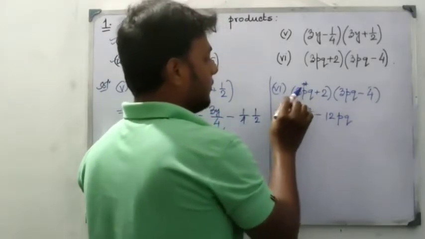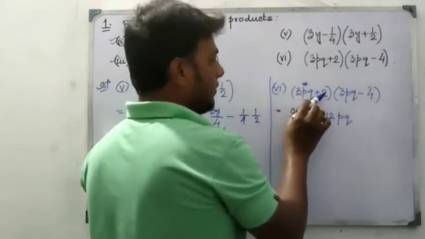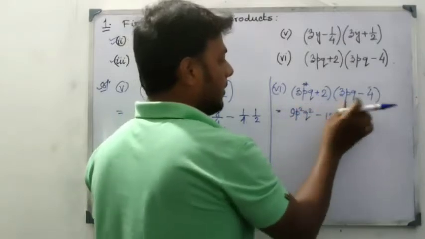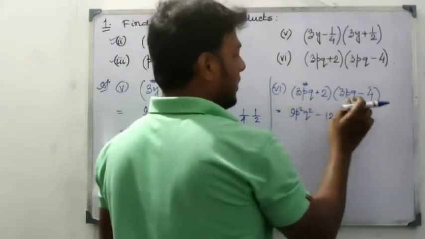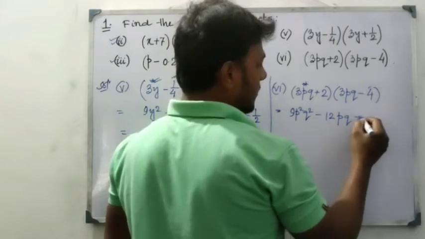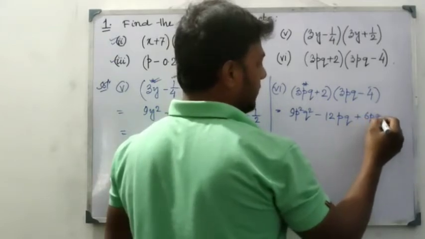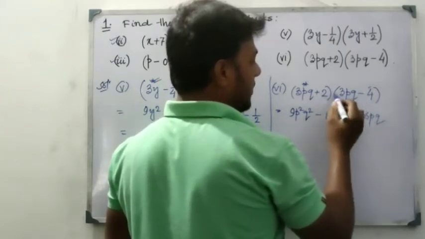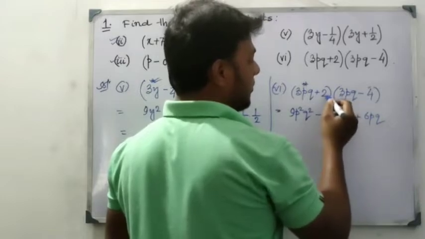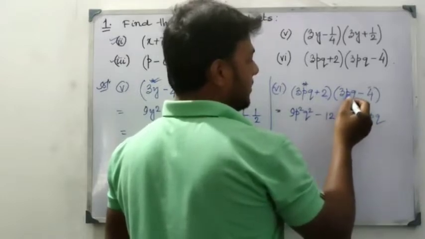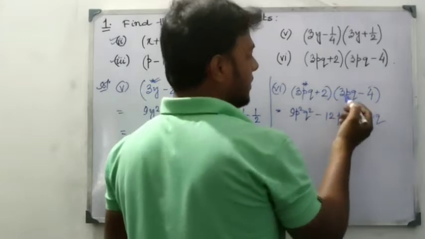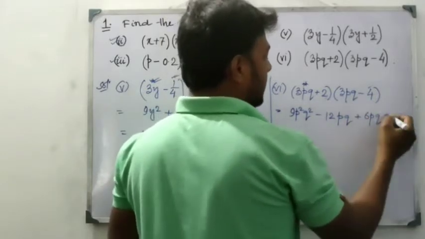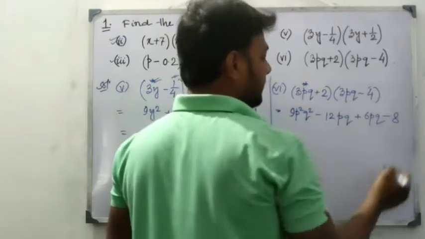Now consider the 2 and multiply with this. So if you multiply with this, then 6pq, 2 into 3pq. Just multiply the integer part only, since there is only integer part, so integer part will be multiplied only. So plus minus minus, 4 twos are 8.